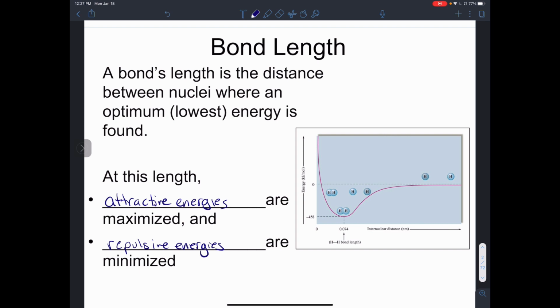Here's a little graphic that kind of helps us understand bond length. If you take a look, we've got internuclear distance, the distance between the two nuclei, and energy, okay? So the bond forms, you can see when the energy is lowest, that's the most stable state.